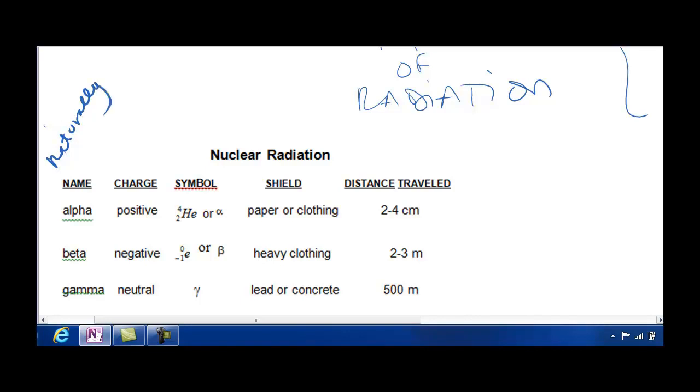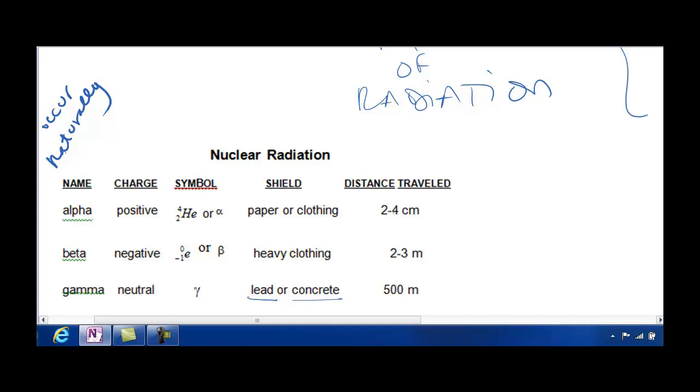They occur naturally. Elements just shoot them out spontaneously. X-rays are made by man. The only reason I mention x-rays is because they're very, very penetrating. They can get all the way to your DNA, and they can travel 500 meters.